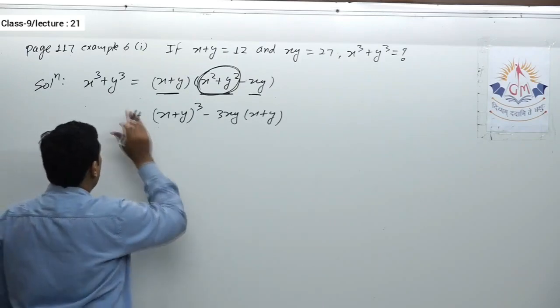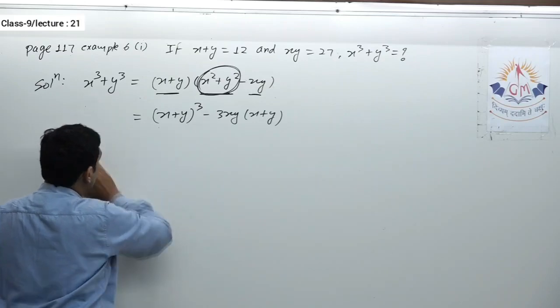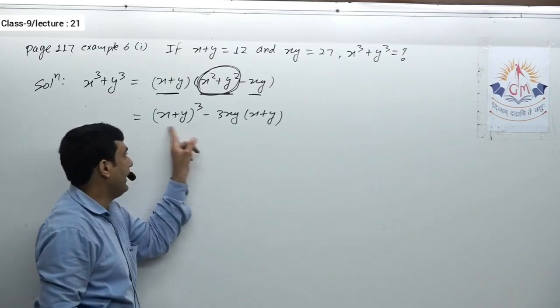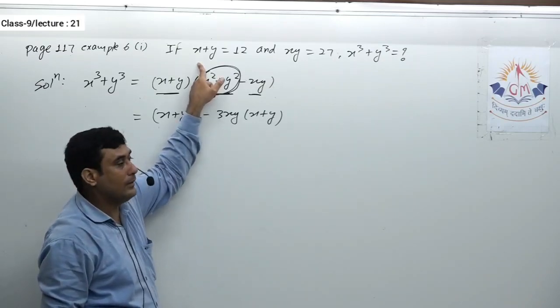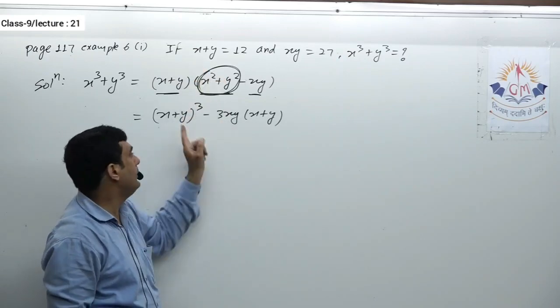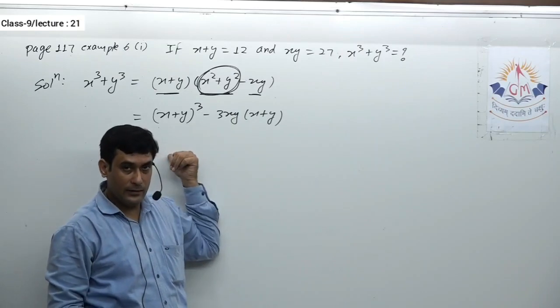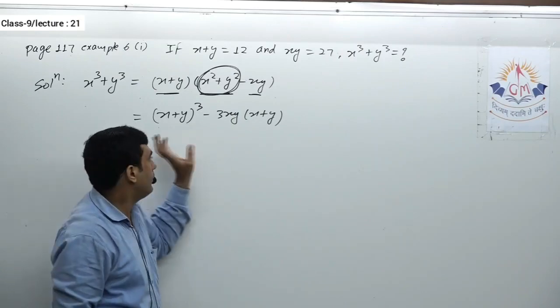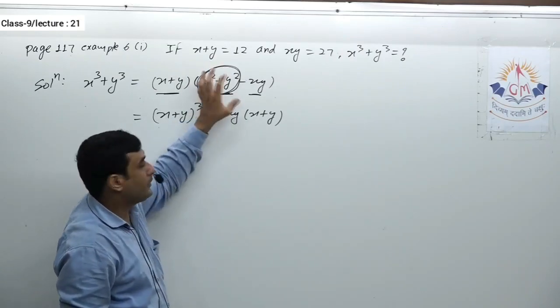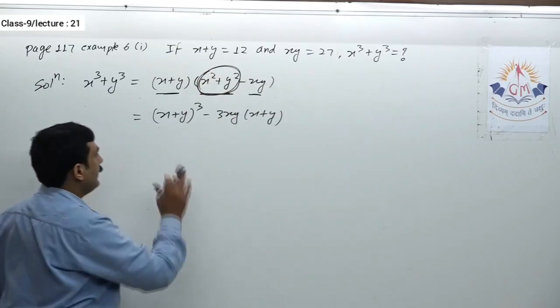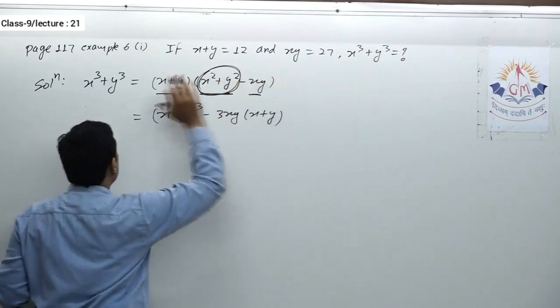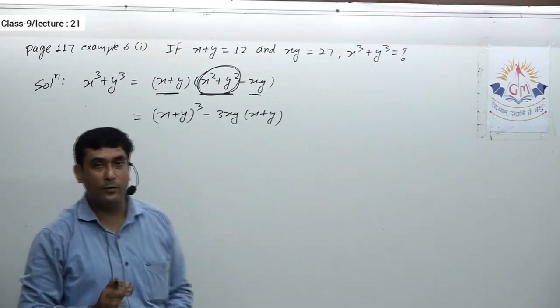Definitely we can do that, but let us consider the second identity. Now, if I want to obtain x cube plus y cube, and if I use this identity, x plus y I have directly. Definitely you must know the 12 cube in that case. Then xy and x plus y. So it takes less time, because no extra expression we have to obtain. Directly by putting the values given, it is possible to get the value of x cube plus y cube.